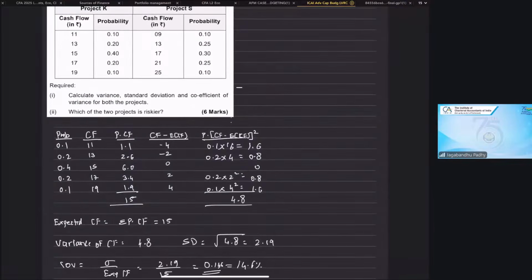Can we calculate similarly for project S? Give the answer and then tell me which of these two projects is riskier.